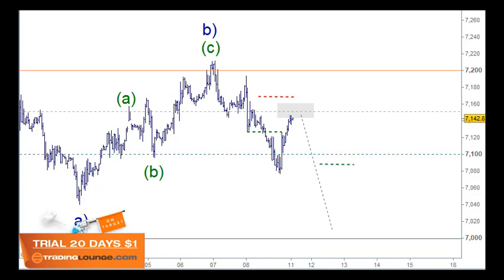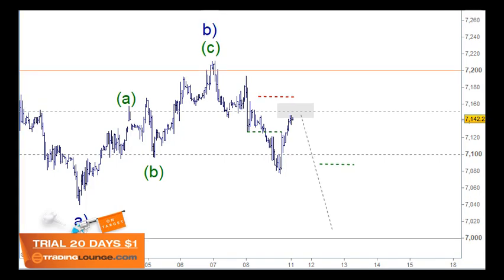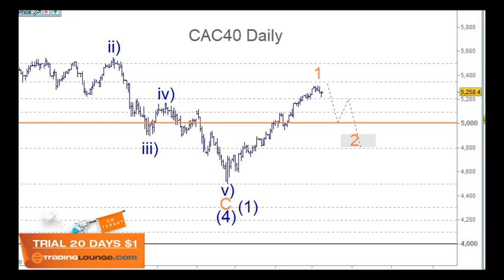Okay, let's have a look at the CAC and the MIB. So with the CAC here from France, the French market here, we've got a really nice trend up through here. This is very much in line with the US's price action, but also we're considering a top being in play here.